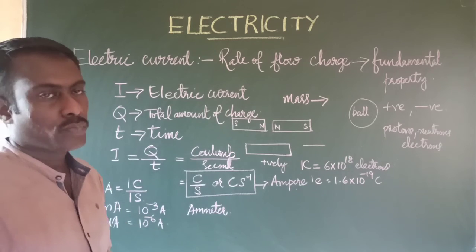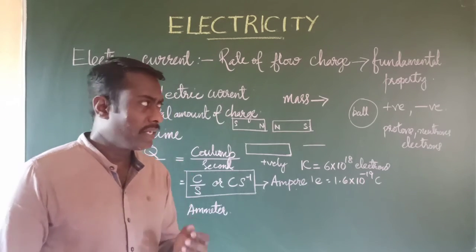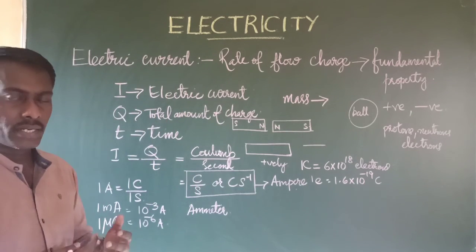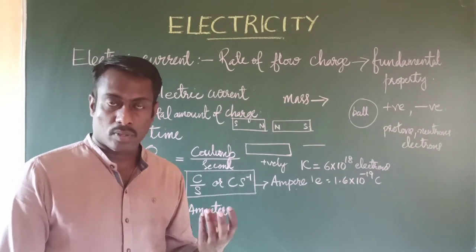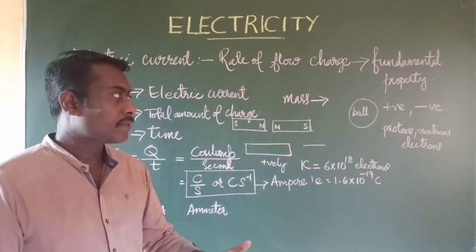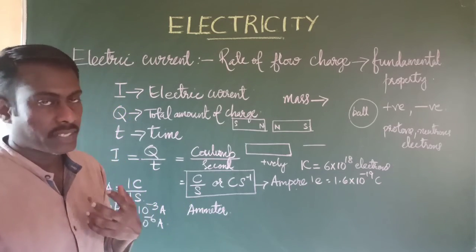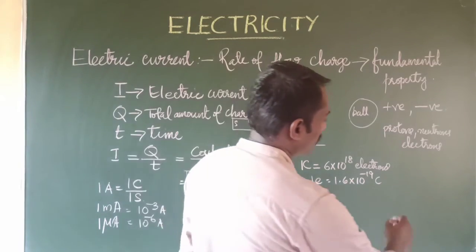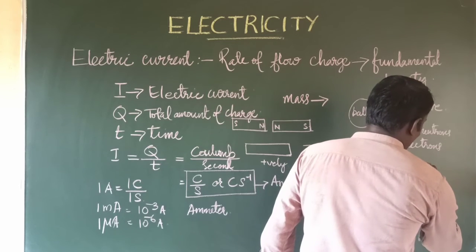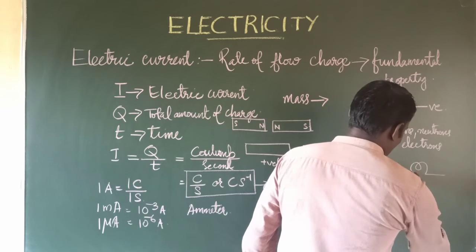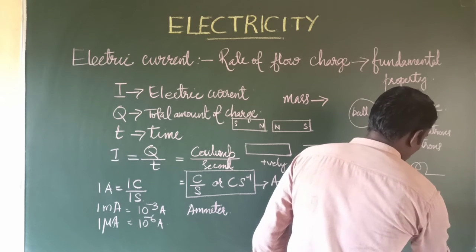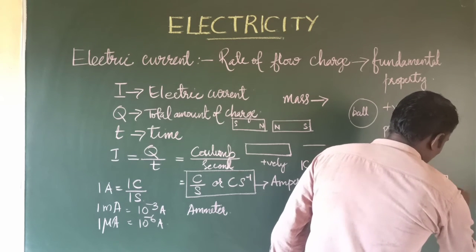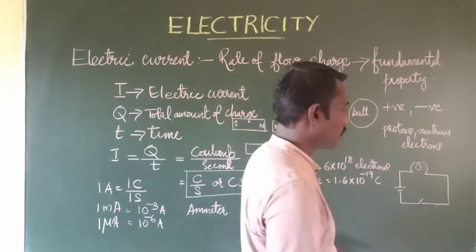What are the components of an electric circuit? An electric circuit consists of a conductor, a switch or key, and a bulb. A simple electric circuit can be represented with a bulb, a battery and a key, and this gives a simple circuit diagram.